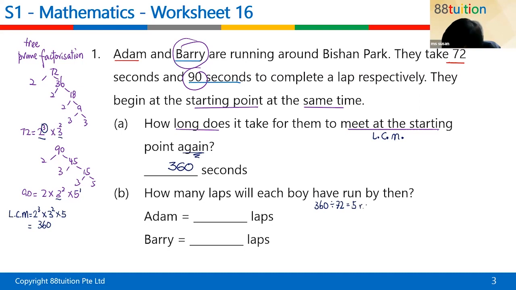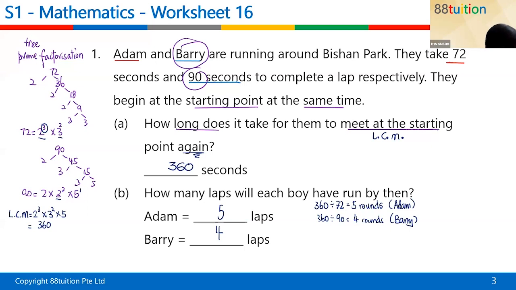We are now asking for rounds, and this is for finding A. So 5 laps. Whereas for B, Barry, because he took 90 for each round, he will take only 4 rounds. So that's where you get your 4 laps.